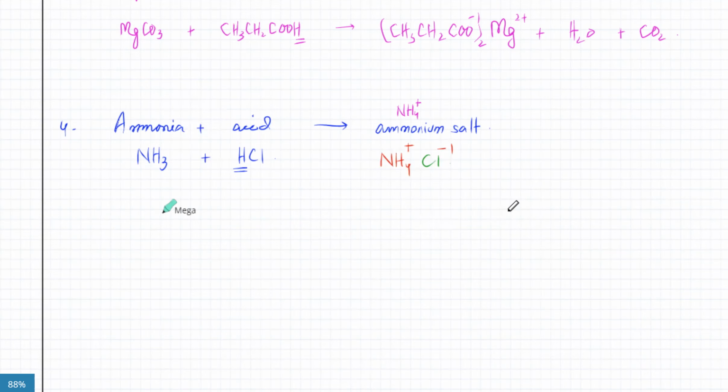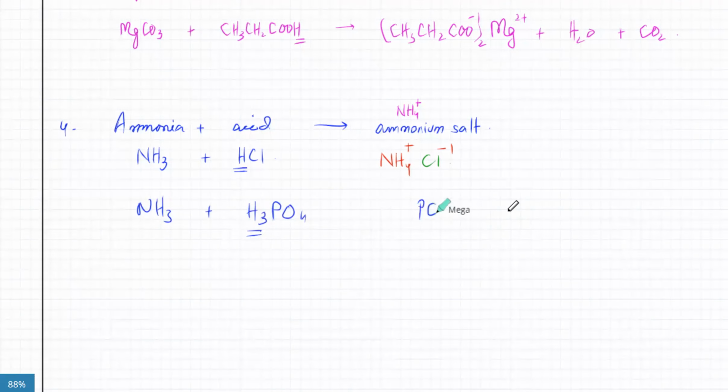Similarly, you have another ammonia molecule and it reacts with another acid, let's say phosphoric acid, H3PO4. तो वही करना है, get rid of the H, यानी इसी को अगर copy paste कर लें, तो get rid of the H, अगर H हटाओगे तो you'll be left with PO4, that's it.